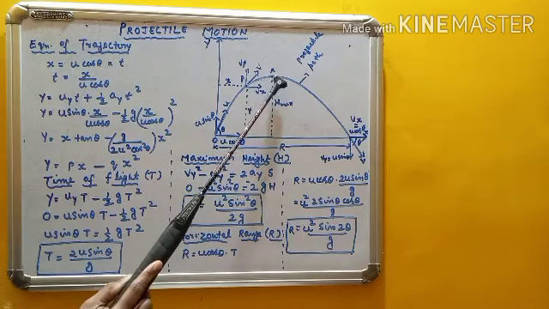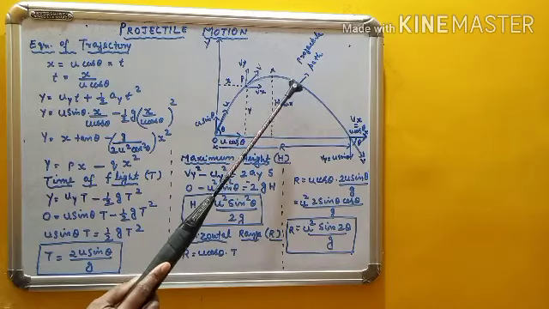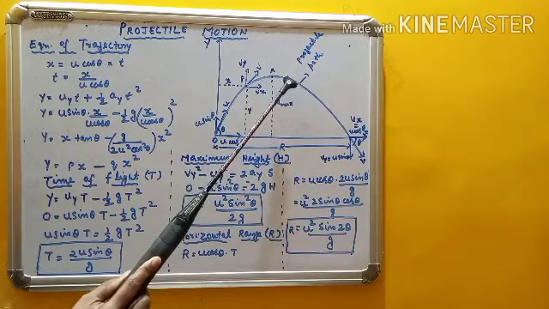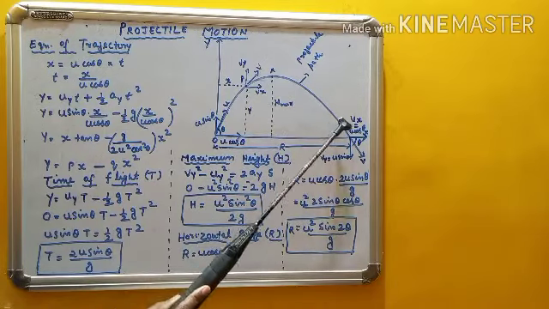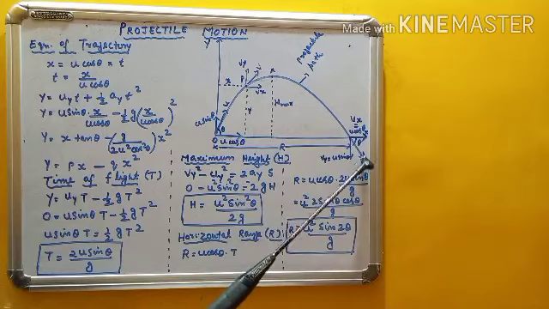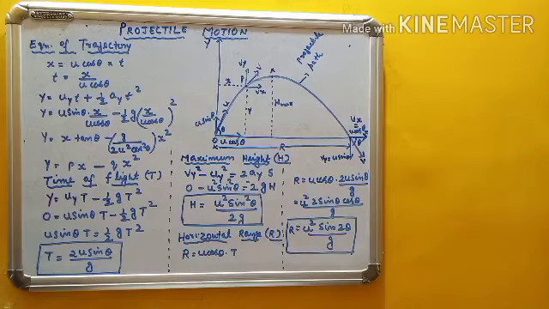Because of the u cos theta component, the body keeps moving, and then moves downwards under gravity, so the vertical component slowly increases. Finally, when the projectile touches the ground with a velocity v, if you resolve it there also, it has a u cos theta component and a u sin theta component vertically downwards. You have to understand very clearly what is happening to the u cos theta component and to the u sin theta component.